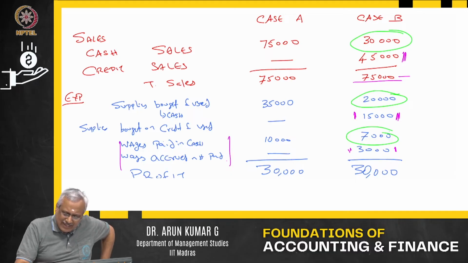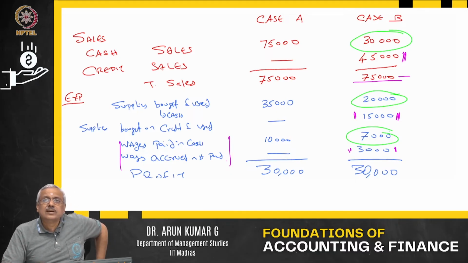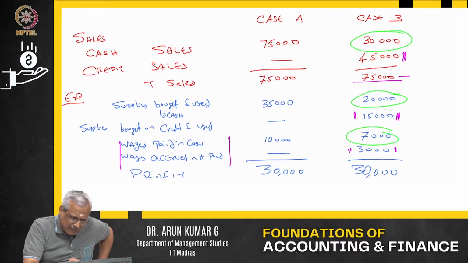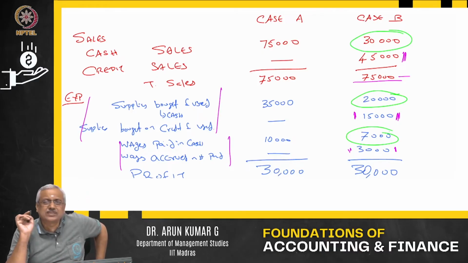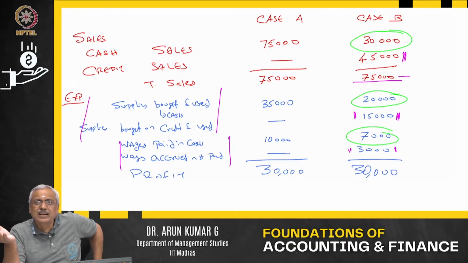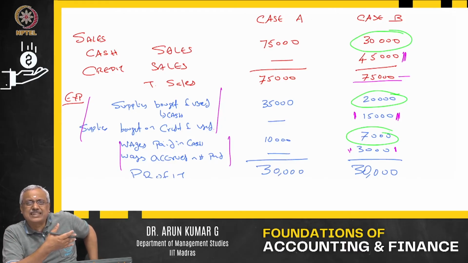Normally what I will say, wages 10,000. You go to the balance sheet, you will see wages is still due 3,000. That means what is the wages paid in cash? Only 7,000, 10 minus 3. In this case, I gave you separately, but normally all these things are not given separately. You have to interpret it from the balance sheet. If it is not paid, if it is credit, it will still be sitting in the balance sheet.